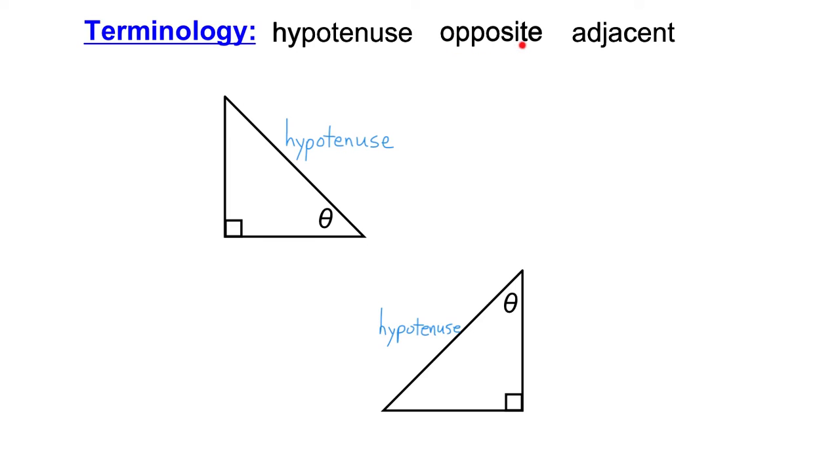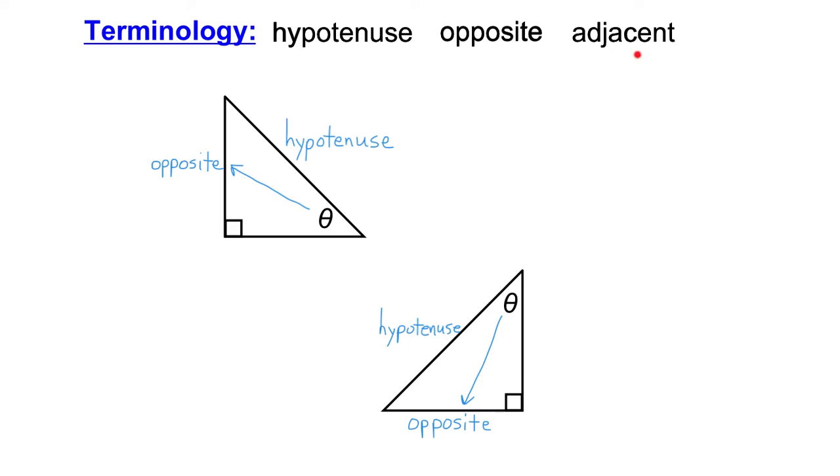Now, when we're labeling opposite and adjacent, that's in reference to an angle. So here I've labeled theta as the angle I'm referring to. Here I've labeled theta as the other angle that I'm referring to in this triangle. In both cases, the term opposite refers to the side that's opposite that angle. It's on the opposite side, the other side, straight across. So this is the opposite side, and in this triangle, this is the opposite side.